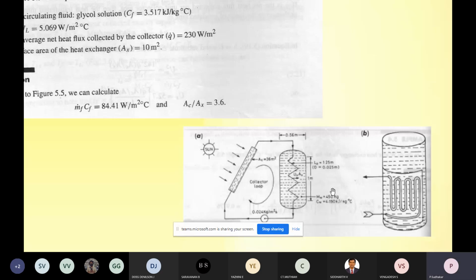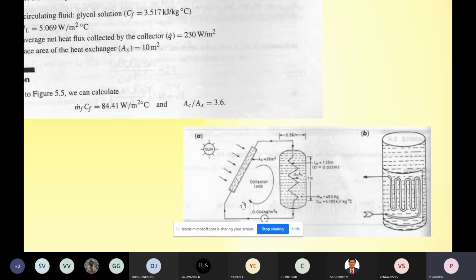When you divide the mass flow rate by area, it gives the mass velocity, kg per meter square second.